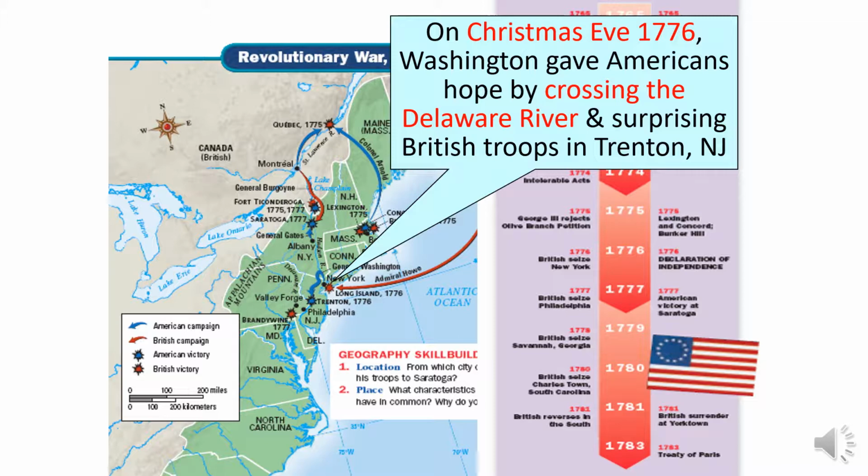And again, why are they surprised? Well, number one, it's Christmas Eve, so many of them are passed out and some of them are drunk. Number two, they're wintering there, so they're not expecting to fight, and they're not even really worried about it. They're camped right across the river from where the colonists are, and they're not worried because someone even came to the British officer in charge of those troops in Trenton and gave him a note that said, "Hey, Washington's going to come.